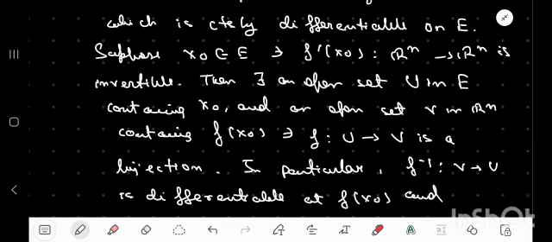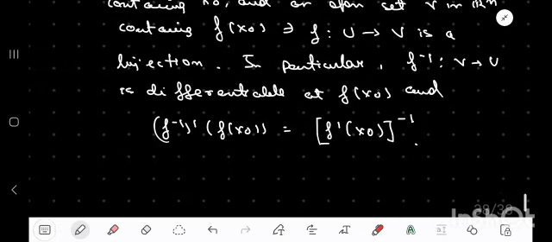You start with an open set in Rn and choose a continuously differentiable map on E. Then if the derivative at some point in E is invertible, f is locally invertible, that is, I can have an open set U in E which contains x naught and an open set V in Rn which contains f of x naught, such that f restricted from U to V is invertible and the inverse is also differentiable. It is differentiable at f of x naught, and this is given to be the structure of the derivative.